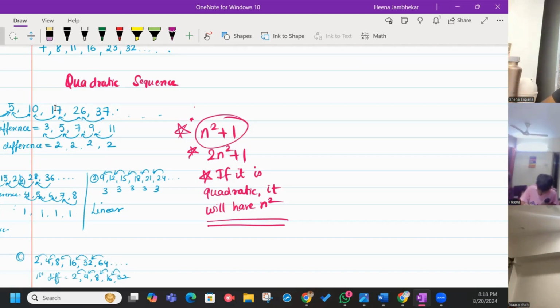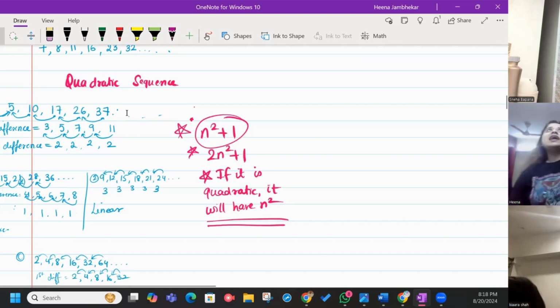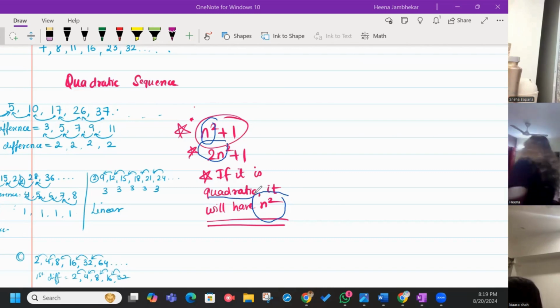Just highlight this part, the n square part. And write: whenever you have n square, 2n square, 3n square, 4n square, 5n square, as long as there is n square, it is going to be quadratic. This is important. The n square is important. If it has n square, then it is going to be quadratic. So now we have it clear.